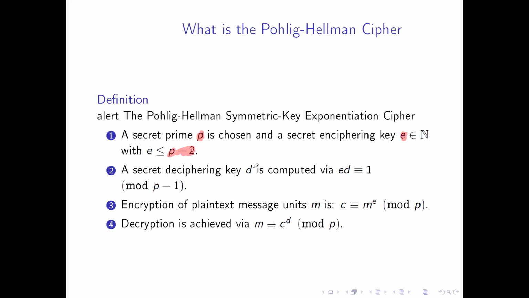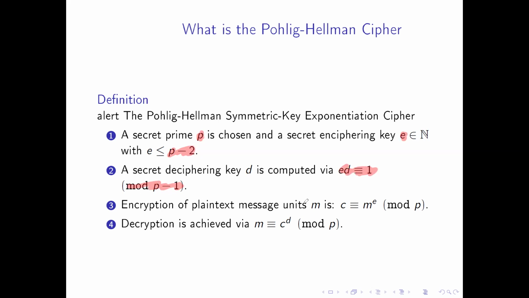Then there's a decryption key D, where E times D is congruent to 1 mod p minus 1. I'm going to call this out and explain why that is true, and what that really means.